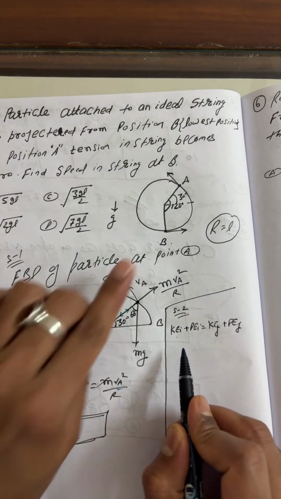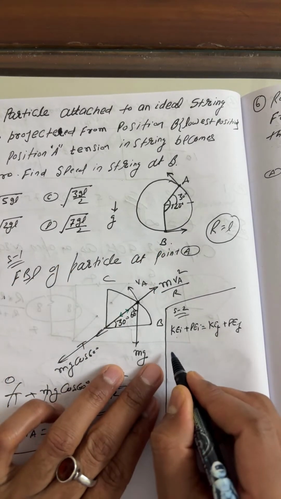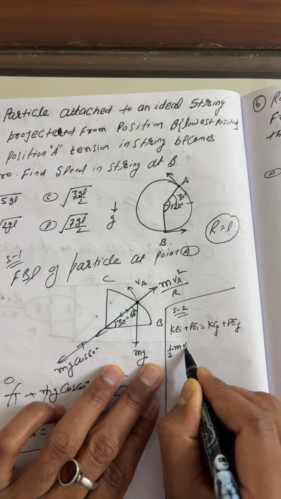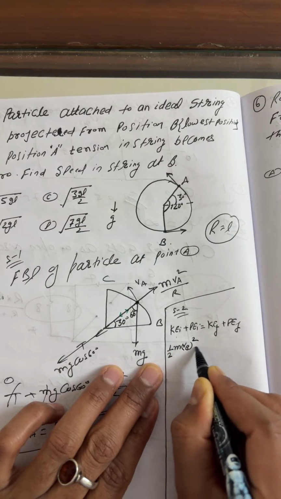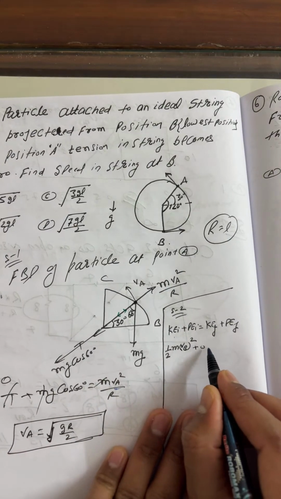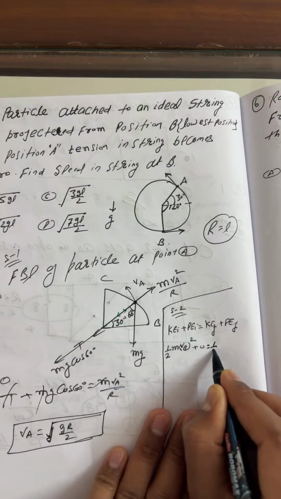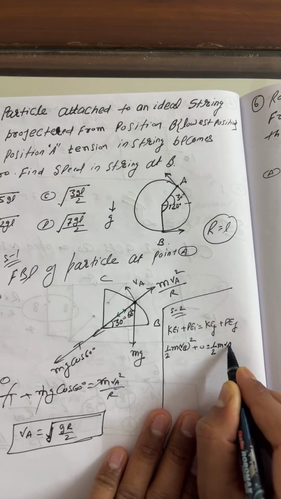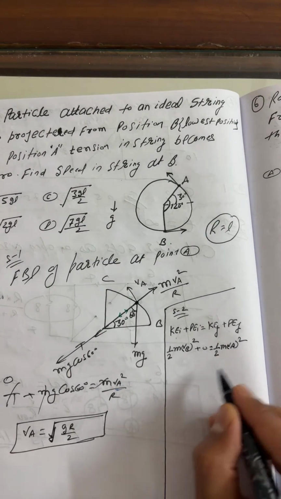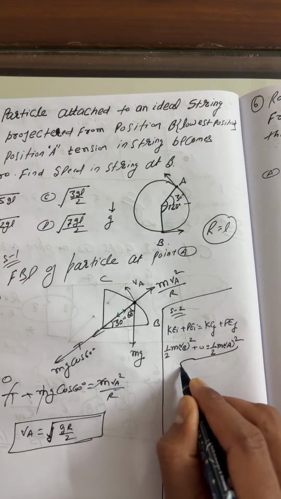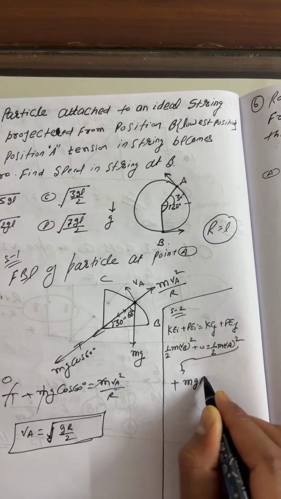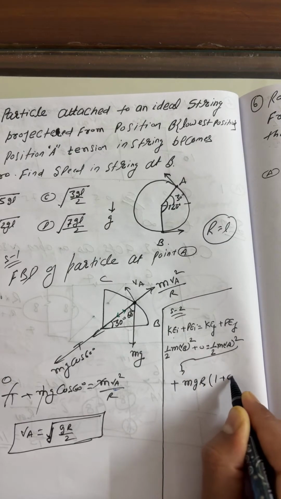Simple here. What is the initial kinetic energy? Half m V square, which is V to find. Plus the particle is at origin, so there is no potential energy at all. Now the final kinetic energy is half m VA whole square, plus the potential energy, which is mgR into (1 plus cos theta).